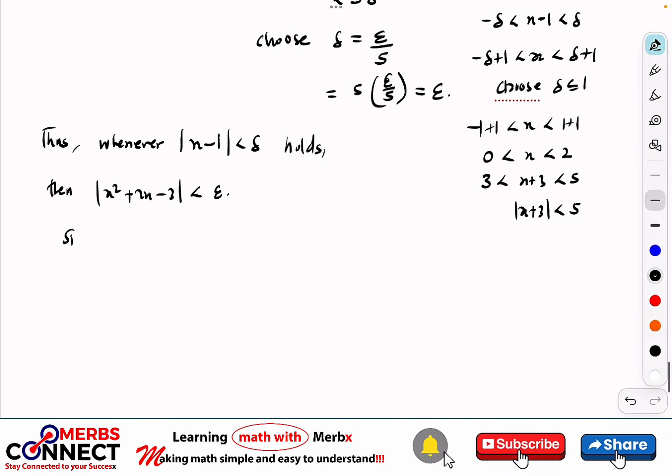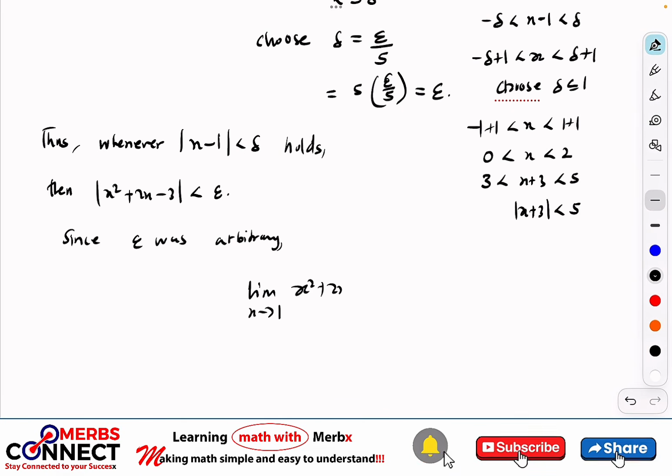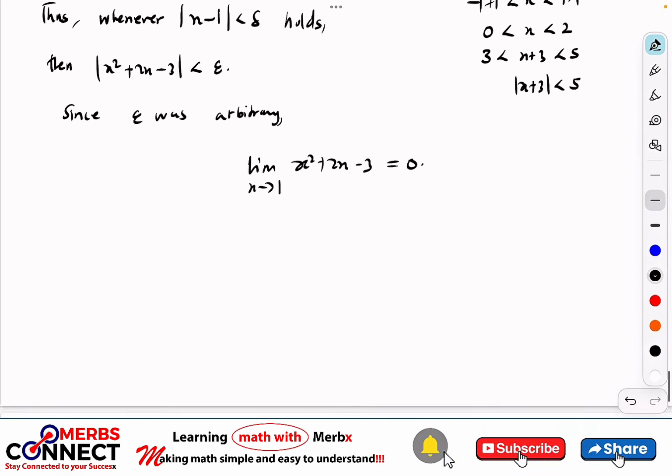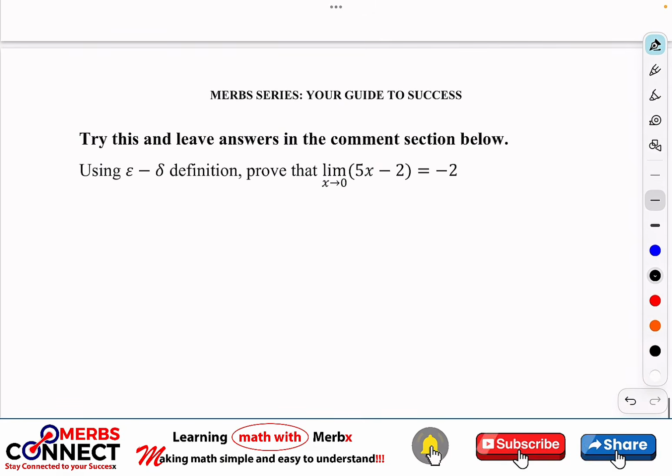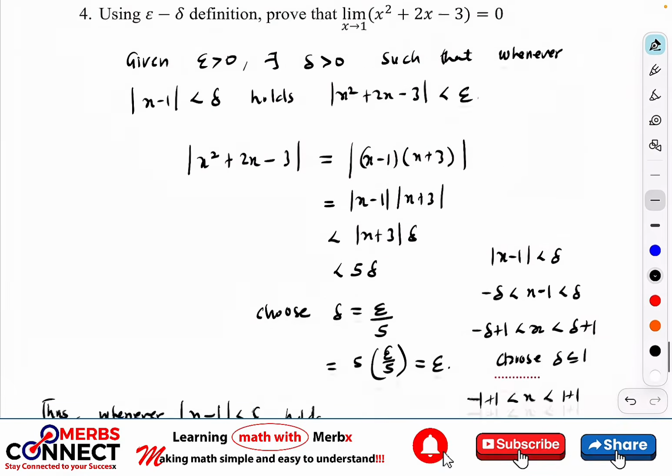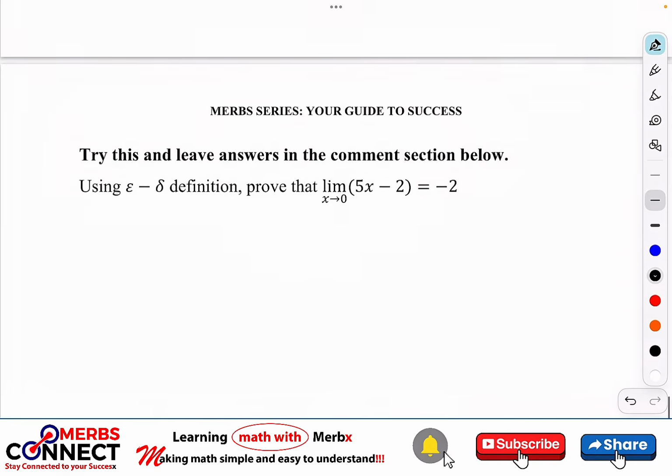And since epsilon was arbitrary, the limit as x approaches 1 of x squared plus 2x minus 3 is equal to 0, indeed. So this is another way of doing this. All right, I think that was the last example that we're supposed to do here.